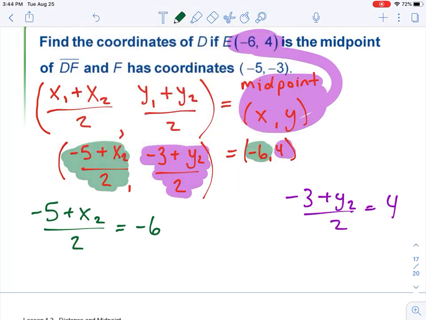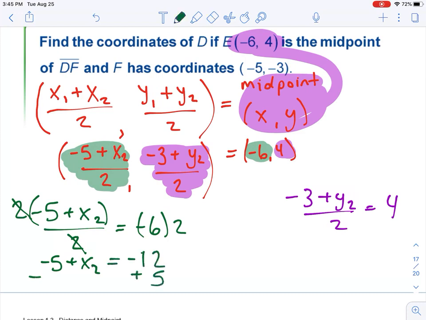And then I solve. I try to get my x value by itself on this first one. So I multiply 2 on both sides because I want to get it out of the denominator. And then I will add 5 on both sides. So our x value for our end point is -7.